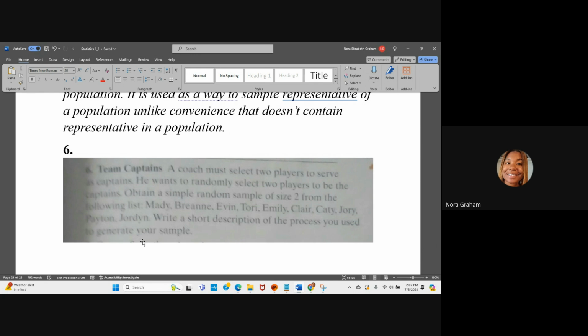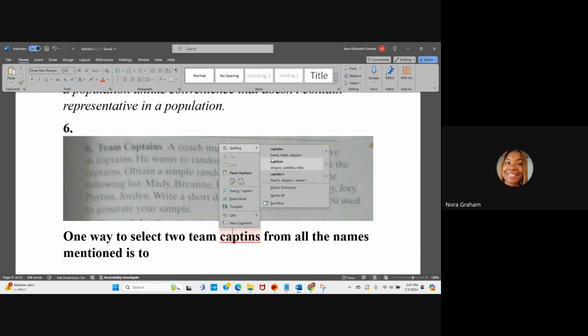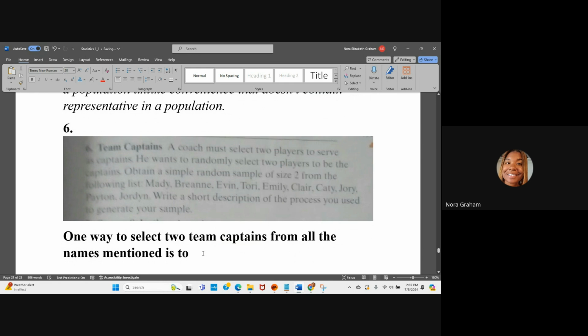So one way to select 2 team captains from all the names mentioned is to put everyone's name in a hat and draw 2 names from the hat.